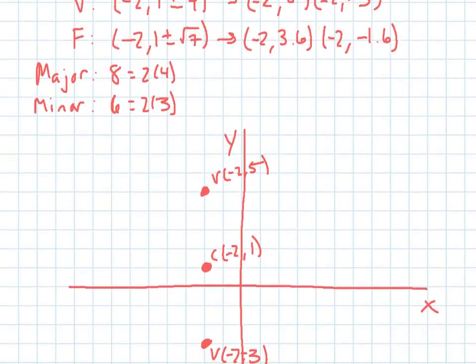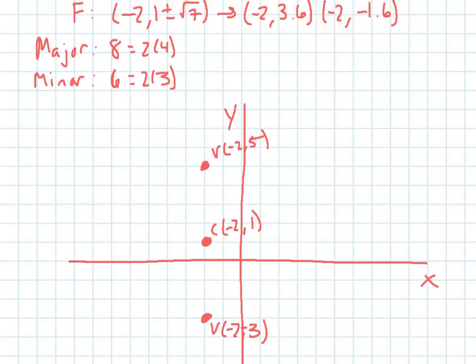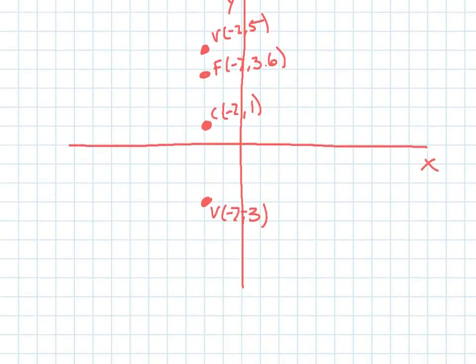Okay, and then now I need to graph my foci. So -2, 3.6, so that would be right about here. Okay, and -2, -1.6.